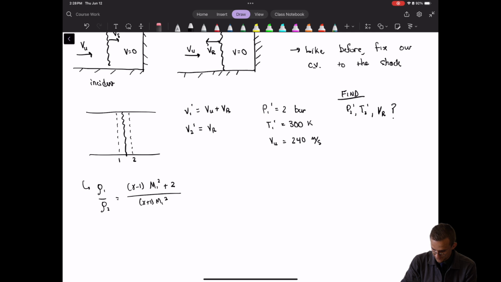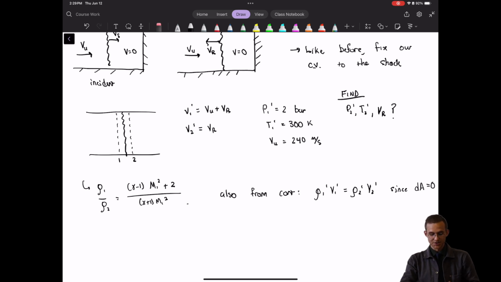Also, from continuity, we know that rho 1 prime V1 prime is equal to rho 2 prime V2 prime, since the area is constant, since dA is equal to 0, the area is not changing.